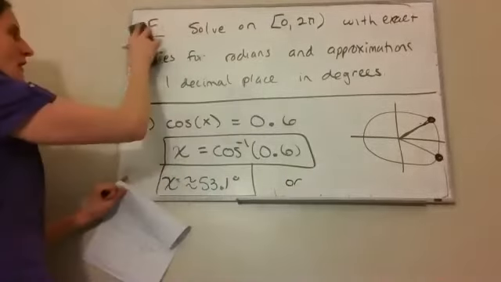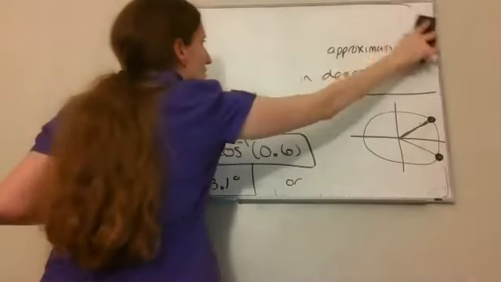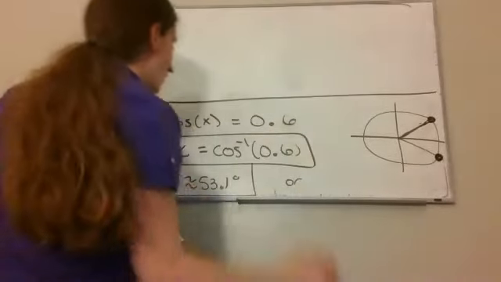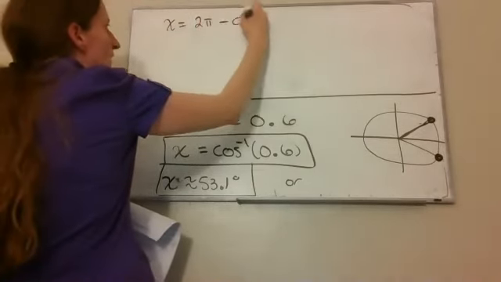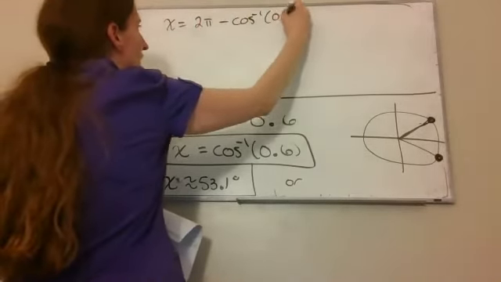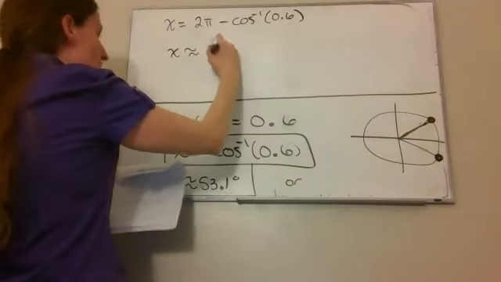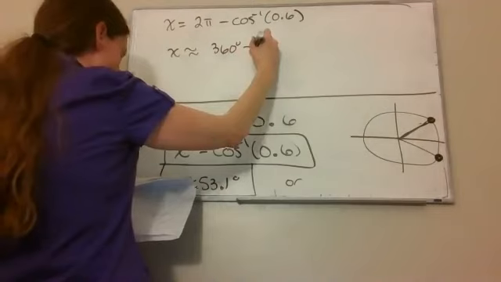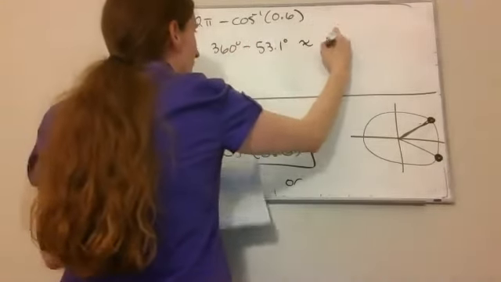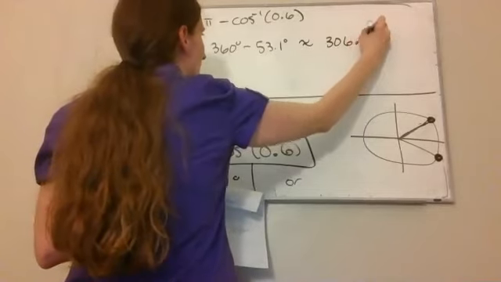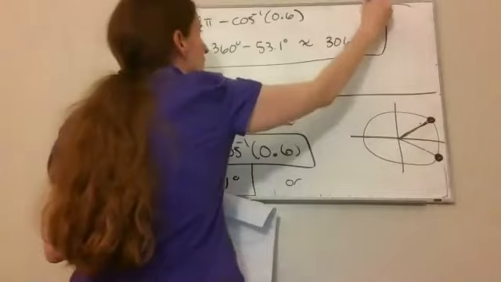So I have cosine inverse of 0.6, or about 53.1 degrees, or I have x is equal to 2 pi minus cosine inverse of 0.6, which is approximately 360 minus 53.1 degrees, which is 306.9 degrees. And that is our other solution.